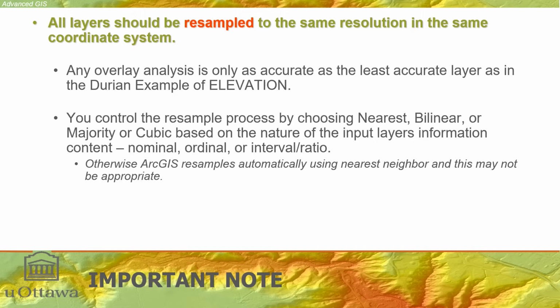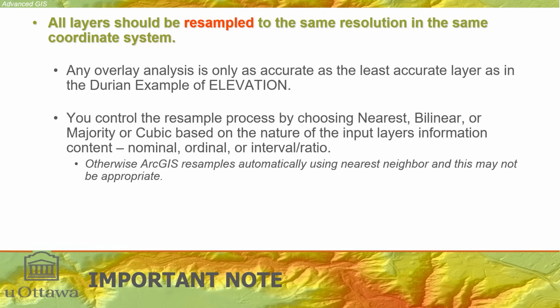And often it's inappropriate. We know, for example, that nearest neighbor is appropriate for categorical data, but even better is majority. And nearest neighbor is also appropriate for numeric data, but it's not the best idea to use.